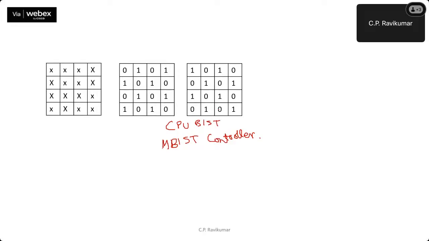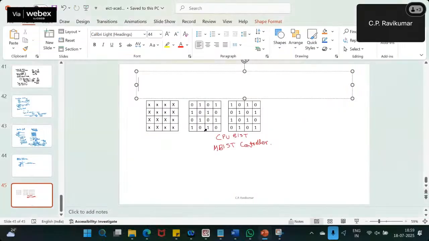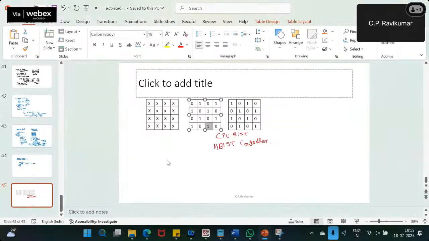There may be many other patterns. People have also tried other patterns.